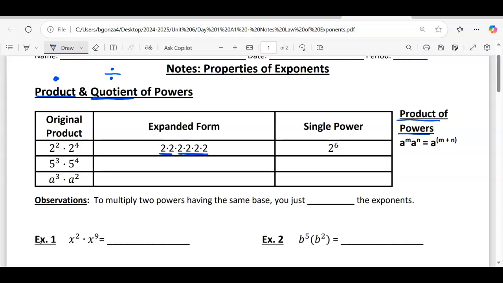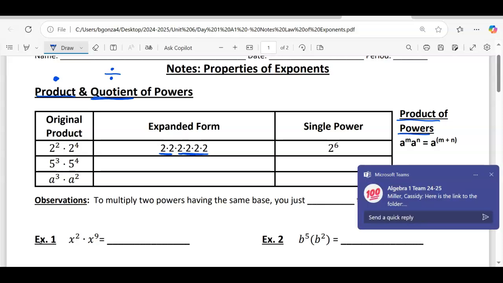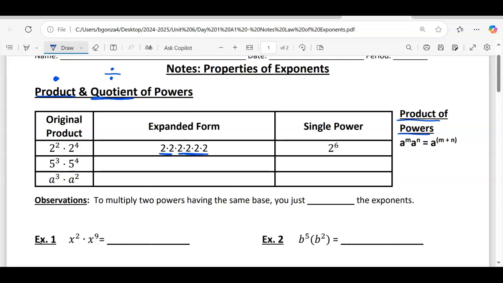Okay? So I want you to notice something. We started with a power 2 and a power 4, and we ended up with a power 6. Notice the exponents did not multiply, right? The 2 exponent and the 4 exponent, 2 times 4 is 8. That's not the exponent we have here, right? So I want you to notice the rule right here.